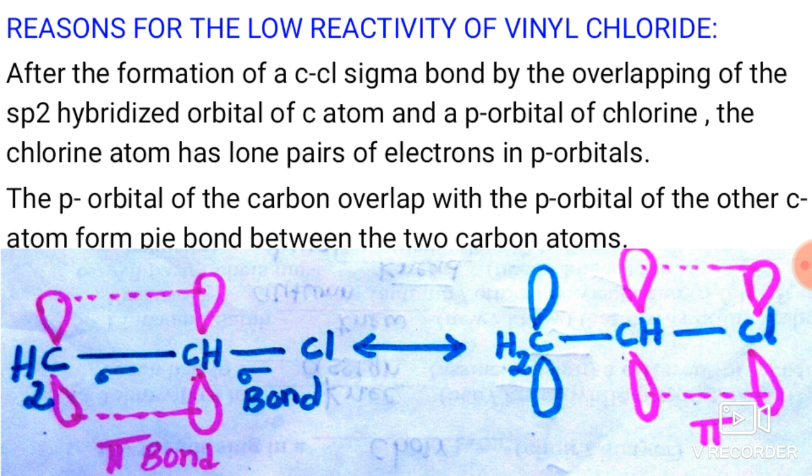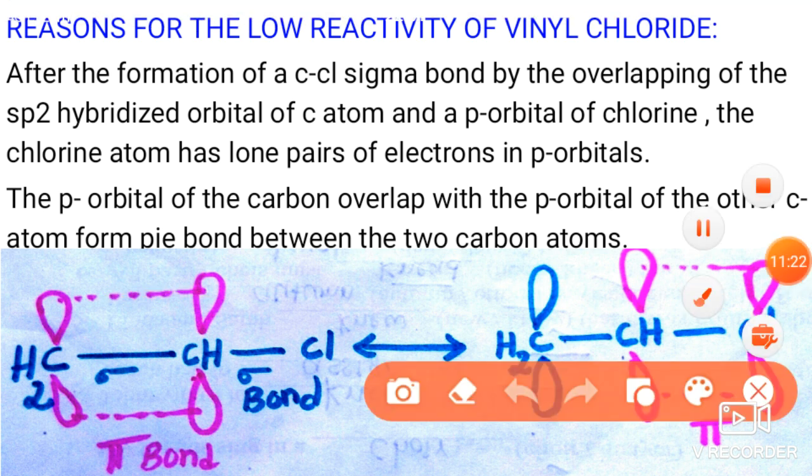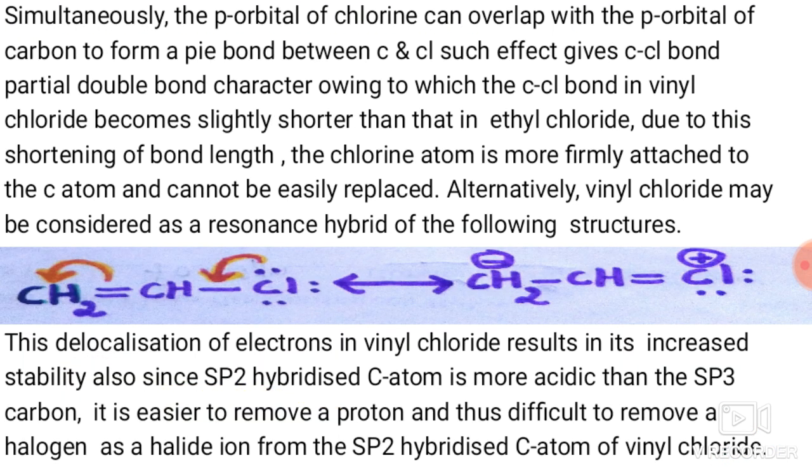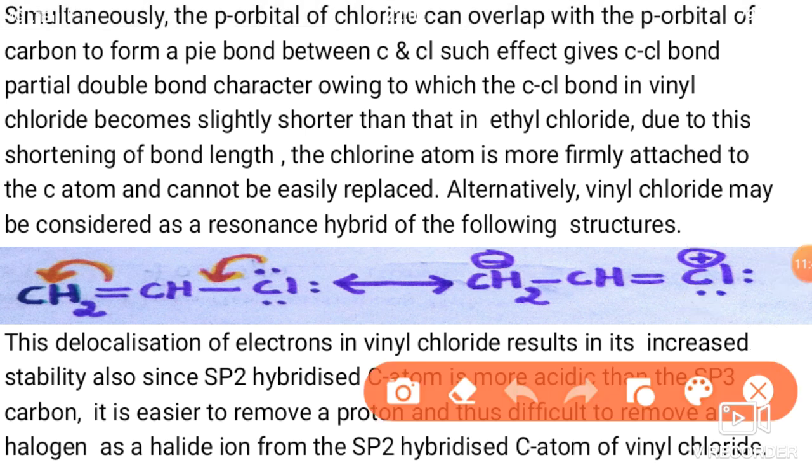The p orbital of the carbon atom overlaps with the p orbital of the other carbon atom to form a pi bond between the two carbon atoms. Simultaneously, the p orbital of the chlorine atom can overlap with the p orbital of the carbon atom to form a pi bond between carbon and chlorine atoms.